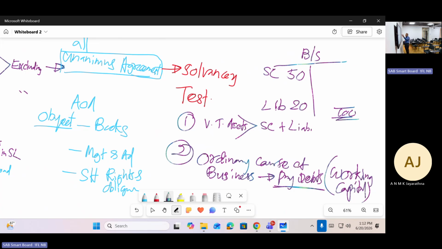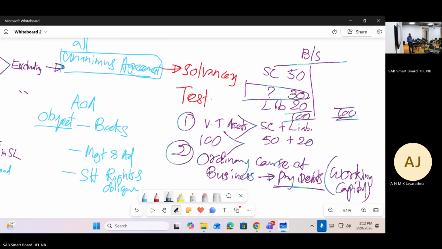Then we can say yes, the total asset of 100 is greater than stated capital and liability of 70. The first condition is met. Then what is the balance? What is the difference between 100 and the stated capital and liabilities?